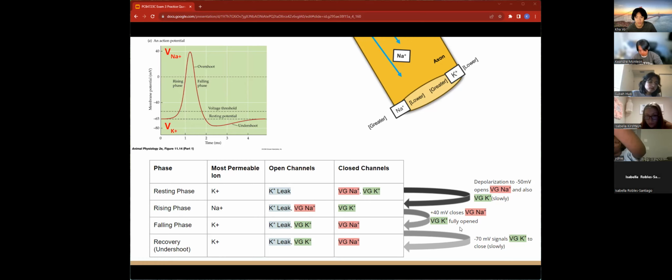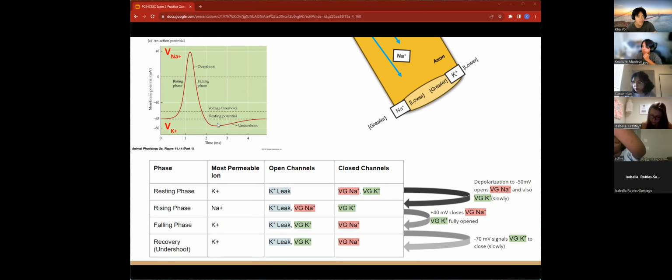All right, so after we reach 40 millivolts, the voltage gated sodium channel closes, okay? And then finally, our voltage gated potassium channels are fully open. Because of that, once again, potassium is now the most permeable, so it's going to drag our voltage downwards. So that was the falling phase.